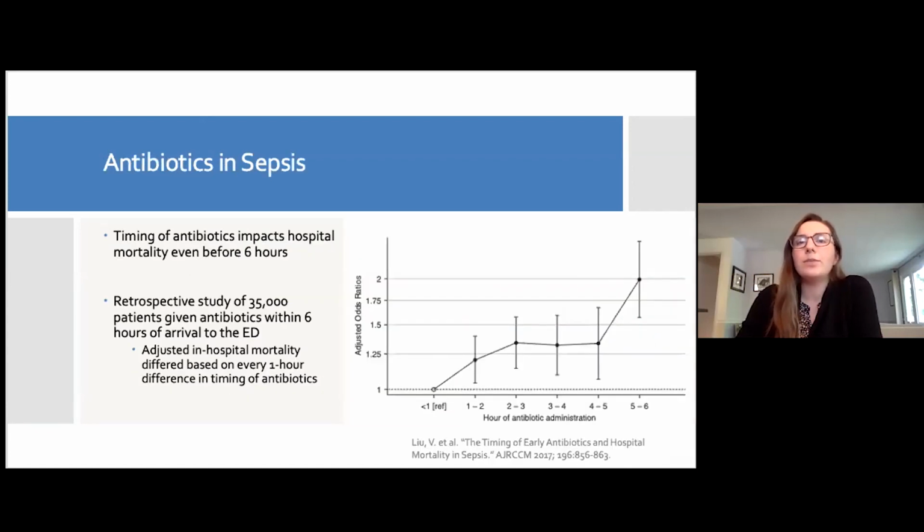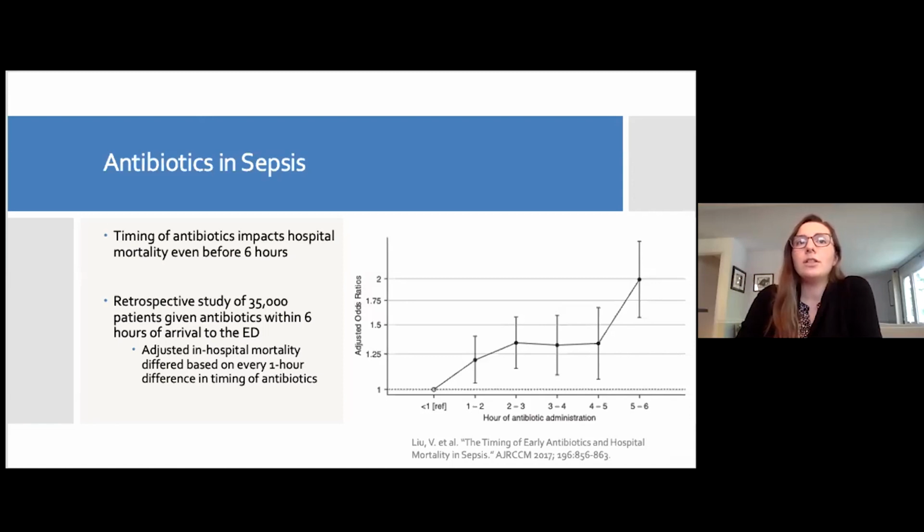Antibiotics in sepsis, we know, improve mortality. But a recent study in 2017 in the AJRCCM looked at 35,000 patients who were all given antibiotics within the first 6 hours of arrival to the ED. And it demonstrated that the timing of antibiotics impacts hospital mortality even before that 6-hour mark.